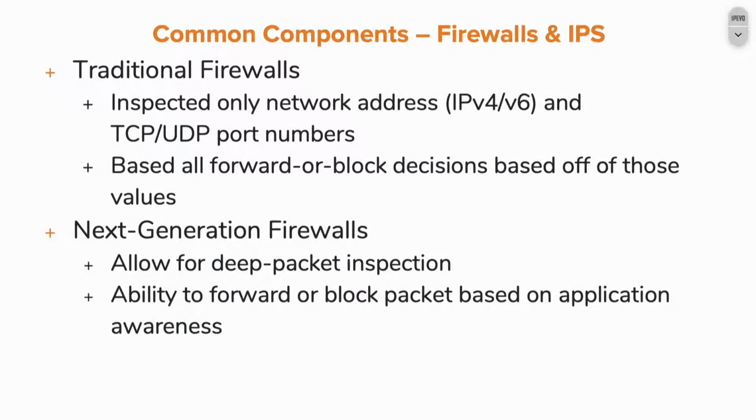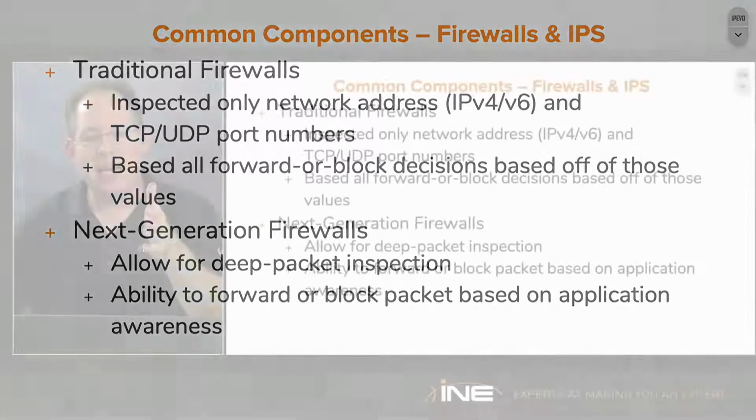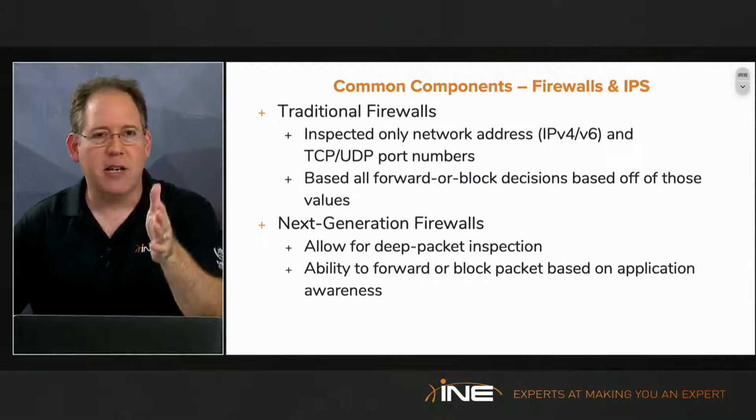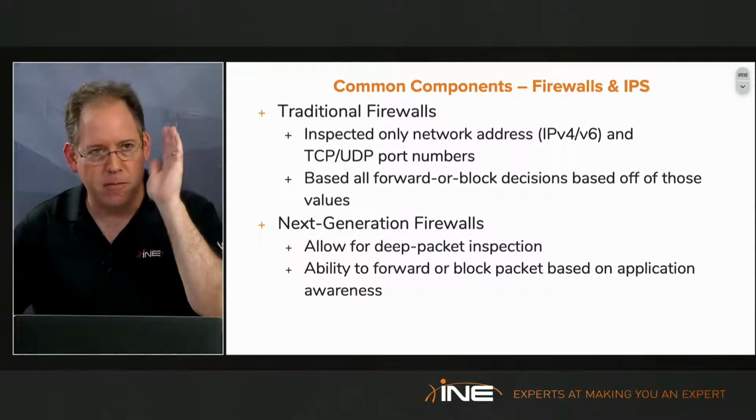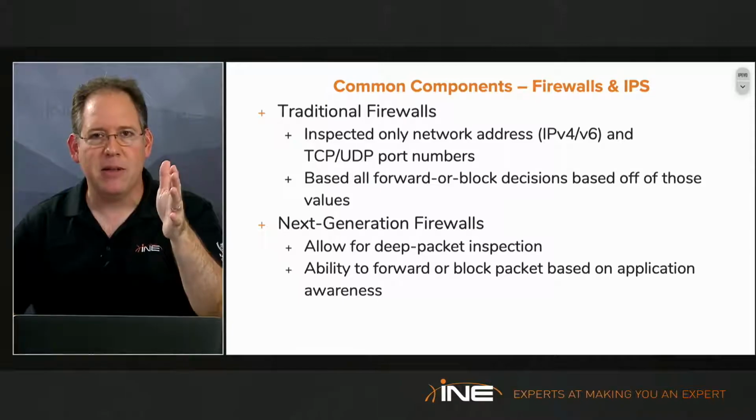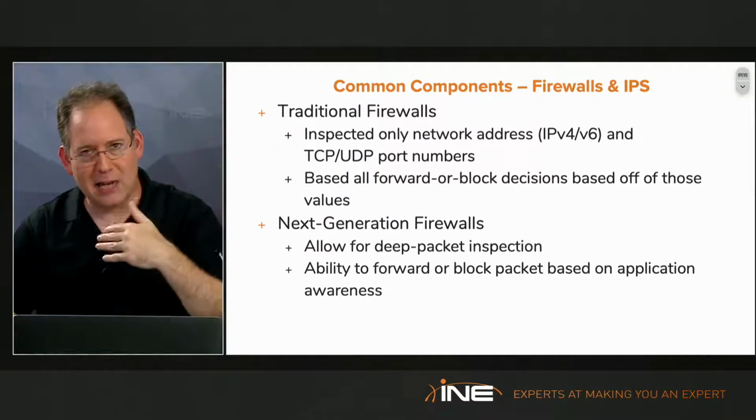It can do it based on application awareness. For example, we could have a firewall policy that says, okay, when a packet comes in this interface, if that packet is going to a web browser, like someone's going to www.ine.com or foxnews.com or something like that, that's okay. Let that through.